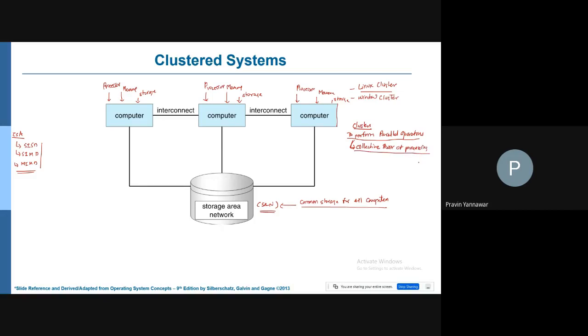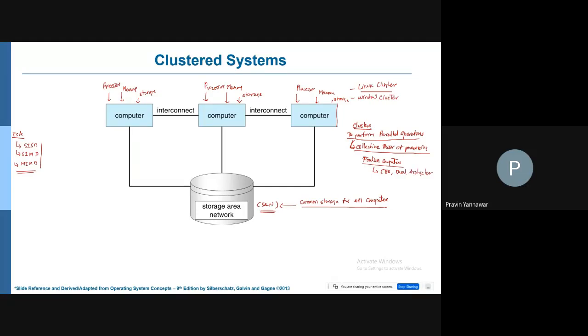Collective power of processing means, for example, I have computers 1, 2, 3, say Pentium computers, say 586 computers, but with dual core architecture.